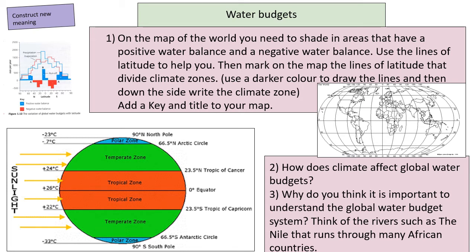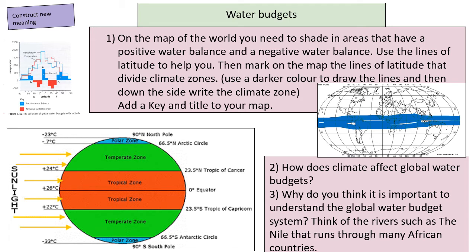Now, if you look at that graph, between 0 and 15 degrees north and south of the equator, roughly, this band here, where the tropical rainforests are, has a net surplus, has more rain than it gets evapotranspiration. And yeah, that makes sense. You've got the Amazon over here, the Congo here.